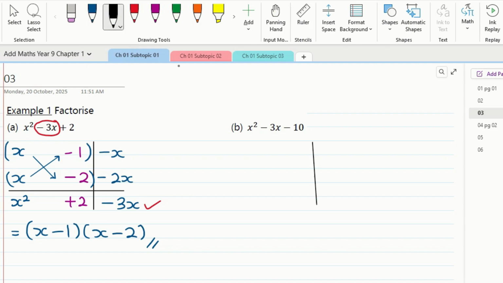So for this part, it's going to be, okay, don't forget to put in the first and the third term. So here, this one is going to be, alright, I give you a bit of time to figure out the factors. What are the factors that are suitable for this expression?